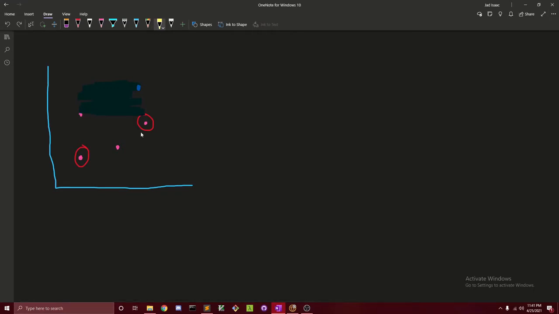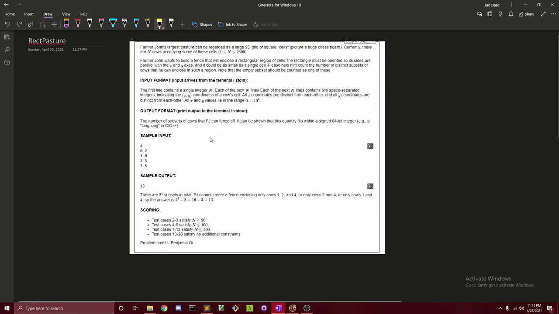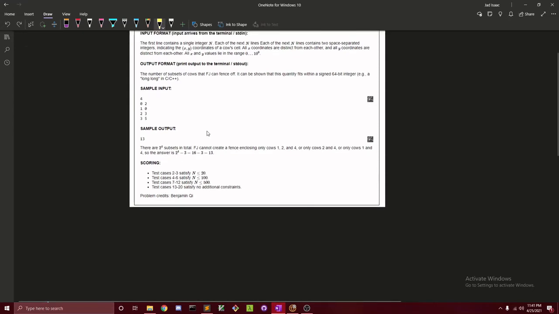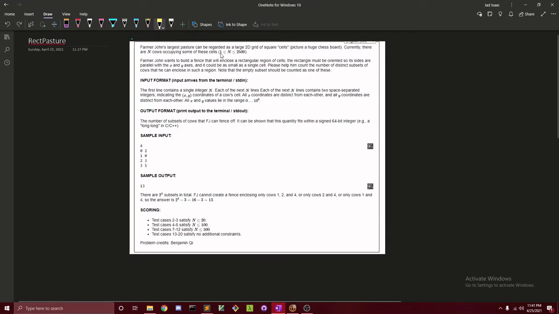in just brute forcing. But if we look at the constraints again, we notice that n is 2500. That's like 10 to the 3rd, 10 to the 3rd, 10 to the 4th. It's like 10 to the 12th.